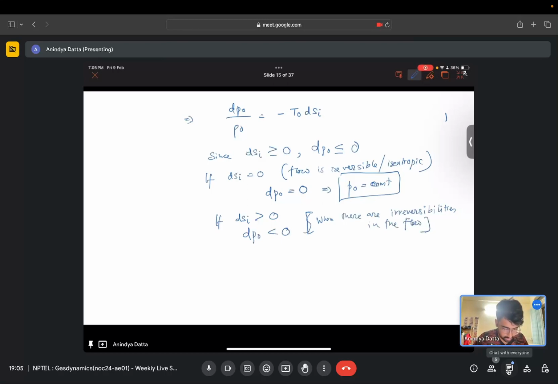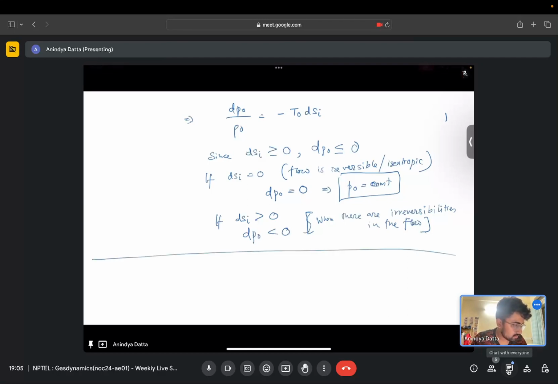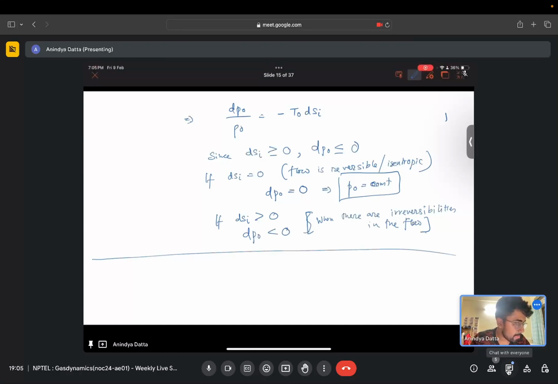Okay, let's again come back to this equation: dp0 by rho 0 is equal to minus T0 dsi. Now we will use the equation of state for stagnation properties. This is valid, right?